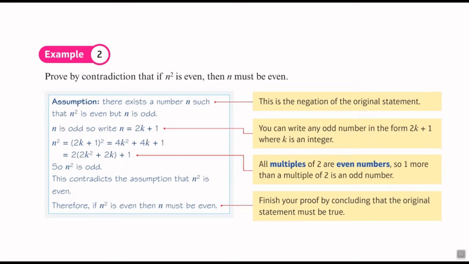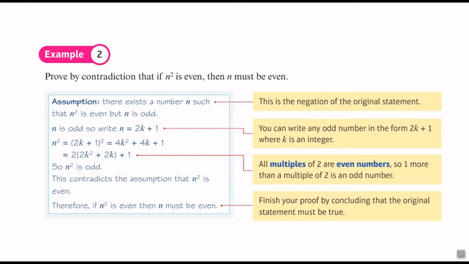Example 2. Prove by contradiction that if n squared is even, then n must be even.